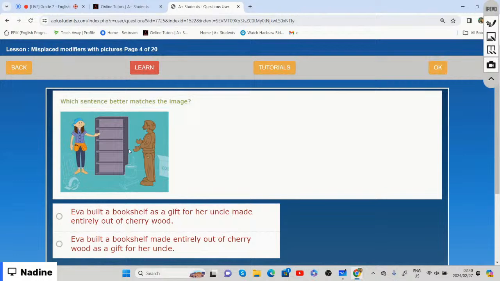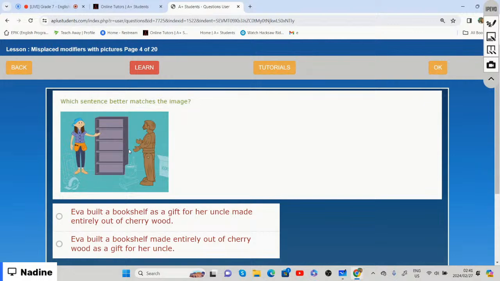So we need to say which sentence better matches the image. First option says Eva built a bookshelf as a gift for her uncle made entirely out of cherry wood, or Eva built a bookshelf made entirely out of cherry wood as a gift for her uncle.